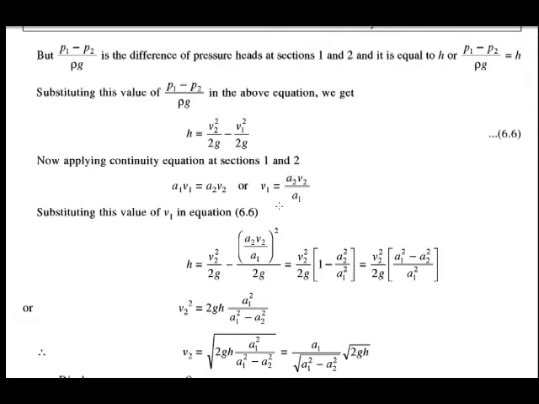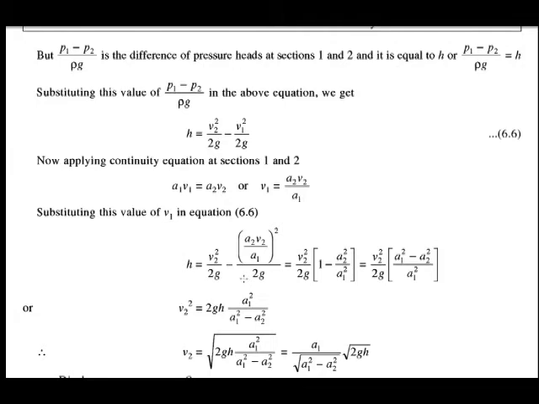Now substitute this value of V1 into the equation of H. So H is equal to V2 square upon 2g minus, in brackets, A2 V2 upon A1, bracket square, upon 2g. Instead of V1 we write A2 V2 upon A1, the whole bracket squared.